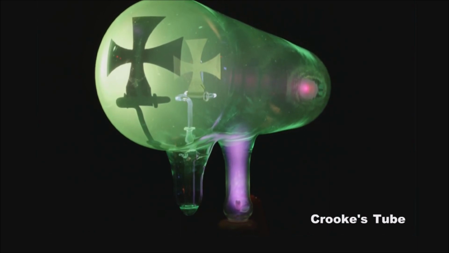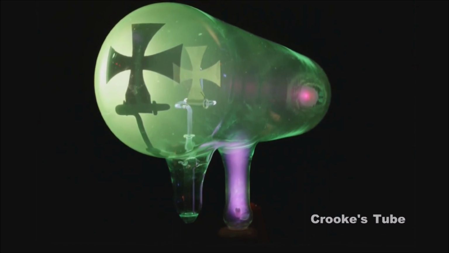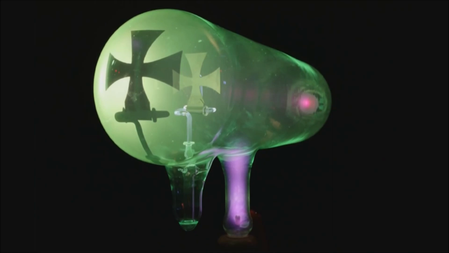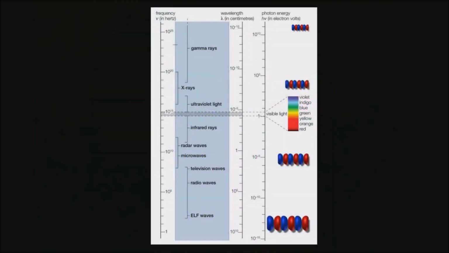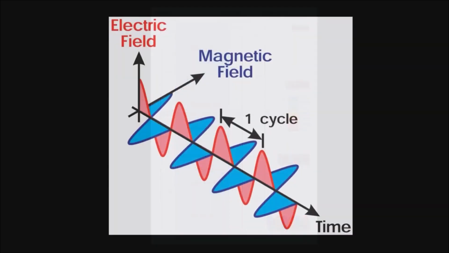Experiments that have been undertaken with electrons also have left us with some important clues that will also help us solve this mystery. This chart shows the frequency, wavelength, and energy levels of electromagnetic radiation. This is yet another clue. This is a diagram of the electric field and the magnetic field of all electromagnetic radiation. One more clue for us to use.